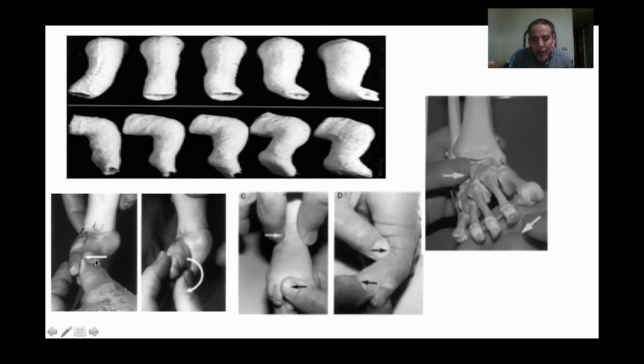So we have to dorsiflex it to reduce the midfoot, like this. And after we reduce the midfoot, we fulcrum on the neck of the talus. We hold the calcaneopedal unit in our hand, and all we do is externally rotate successively till we reach from the internally rotated position to external rotation of the calcaneopedal unit 70 degrees.